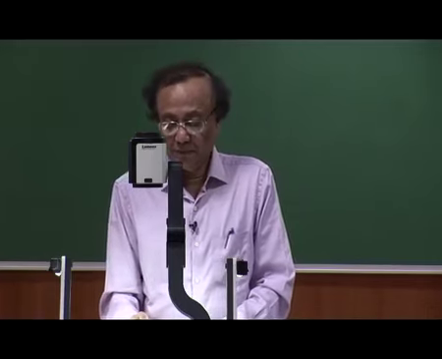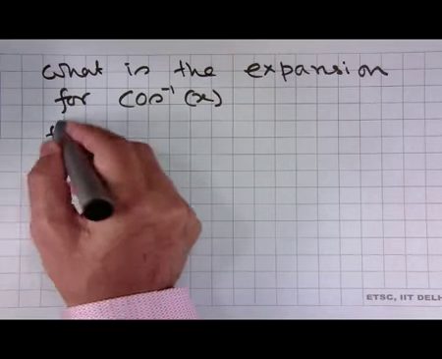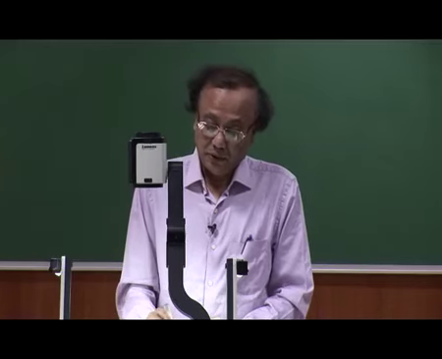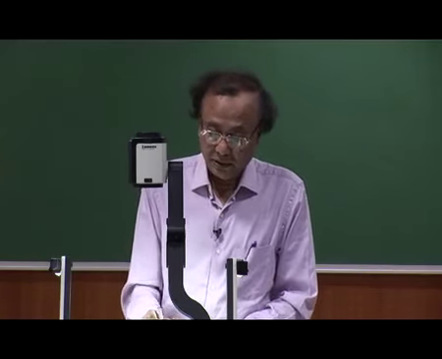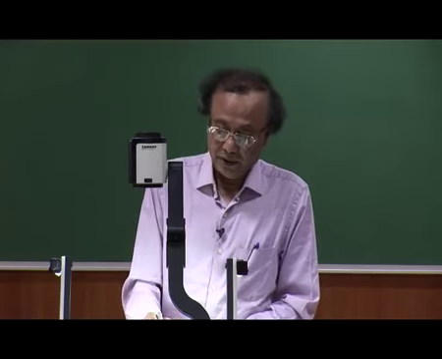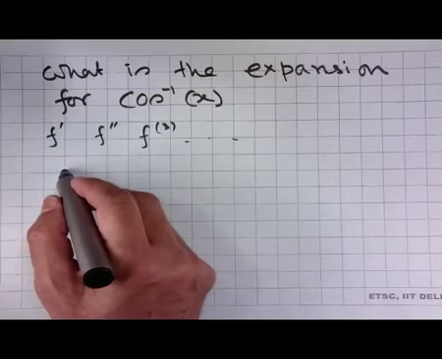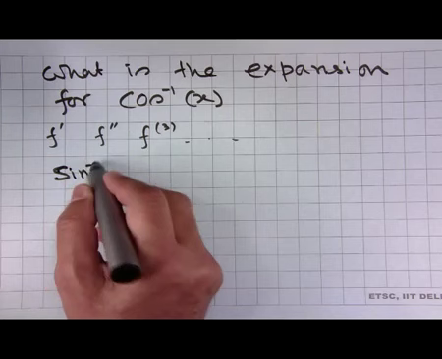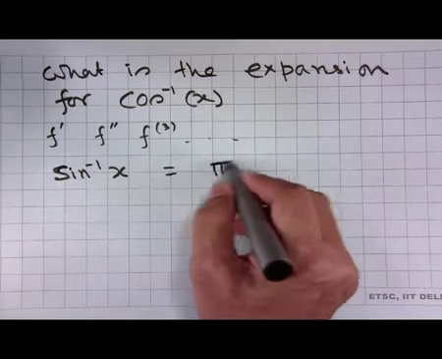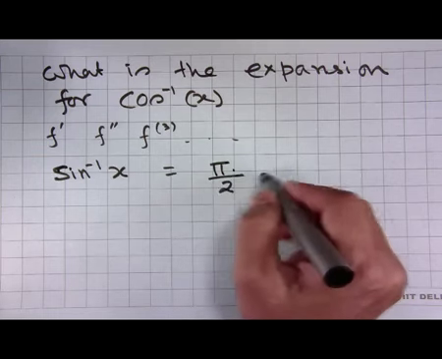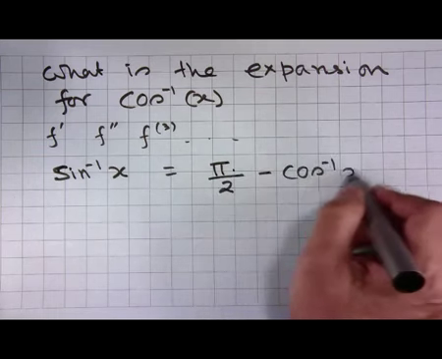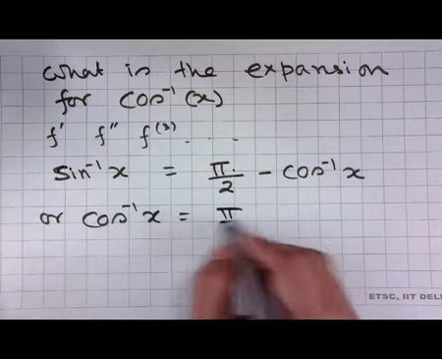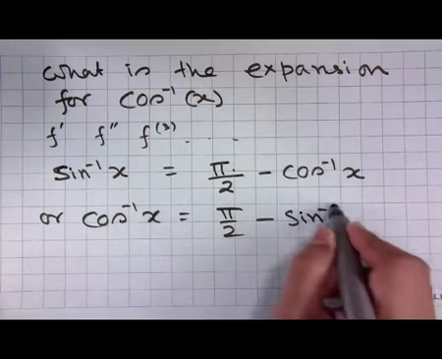So, we can find it from the first principle by computing f prime, f double prime, f triple prime, etc. We can find it out from the expansion of sin inverse x, because we know that sin inverse x is equal to pi by 2 minus cos inverse x, or cos inverse x is equal to pi by 2 minus sin inverse x.